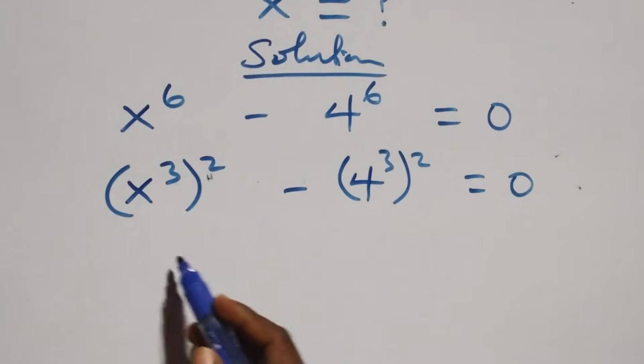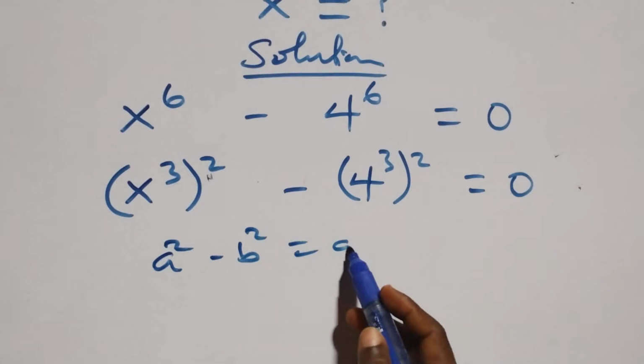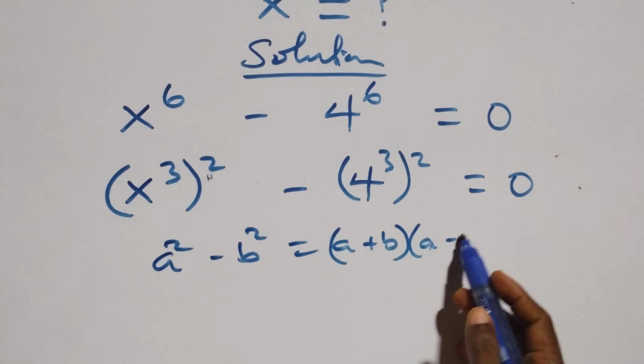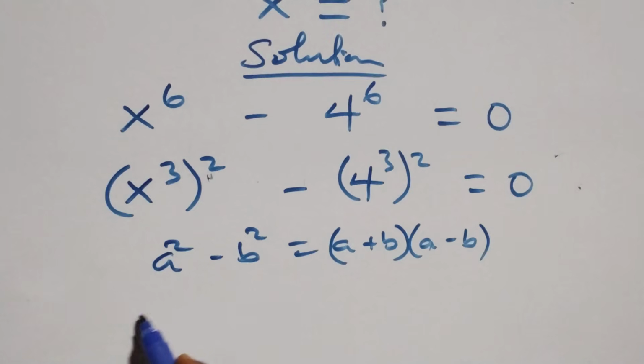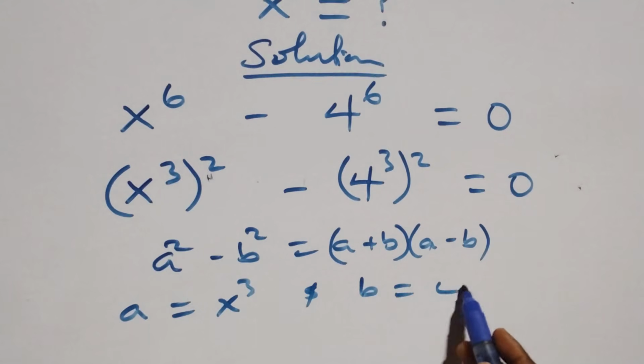This follows when we have a squared minus b squared, which is the same thing as a plus b into open bracket a minus b, where a stands for x raised to power 3 and b stands for 4 raised to power 3.